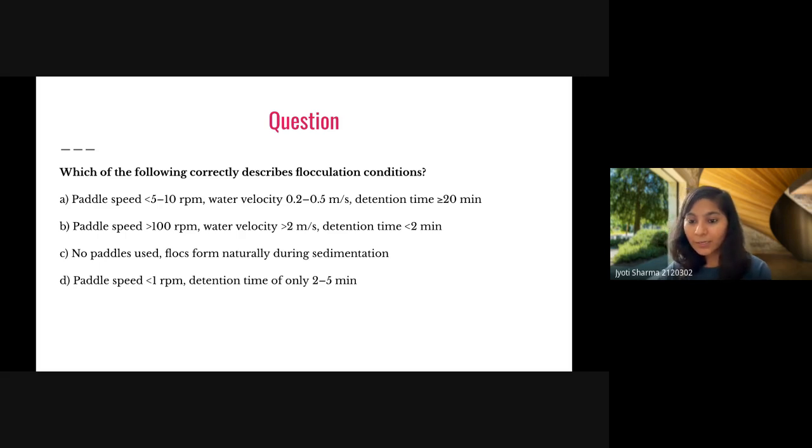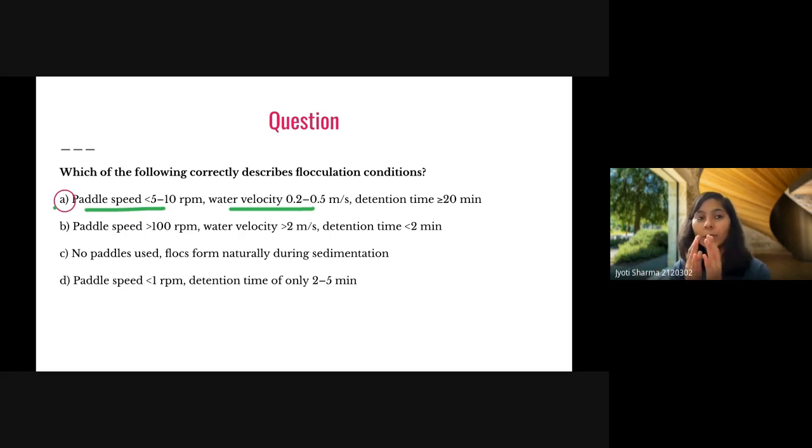Venkateshwara and Priscilla gave me the A answer. Yes, I also agree with this, so this is A. The paddle speed should be 5 to 10 rotations per minute. Water velocity should be very low because we are allowing the destabilized particles to collide.